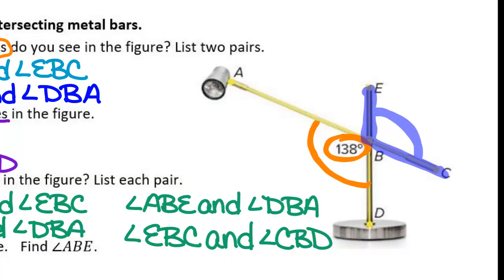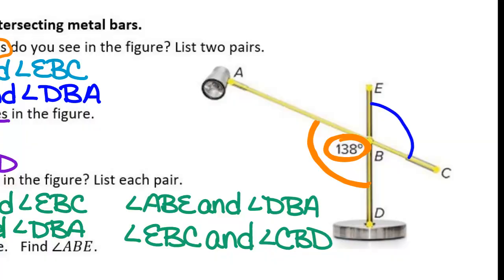What kind of angles are these 2, ABD and EBC? What do we call that pair? They are congruent because what's the special name for that pair? Vertical angles, yes. Those are vertical angles, and vertical angles are congruent to each other.